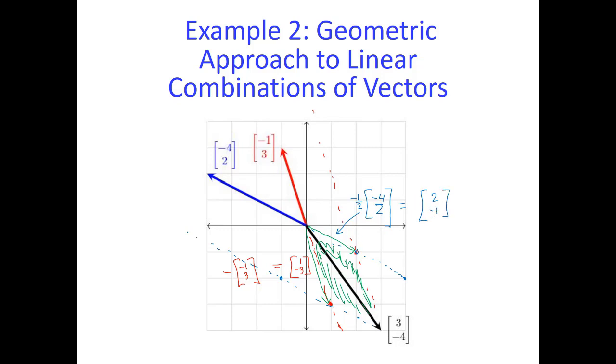And sure enough, it hits the point 2, -1. And so I guess what I can say is that 3, -4 is equal to -1/2 of -4, 2 plus -1 of -1, 3.